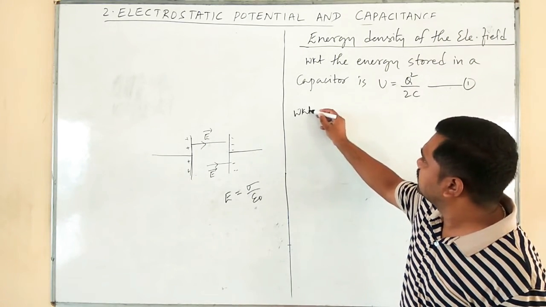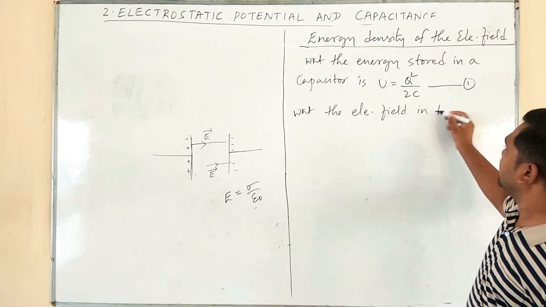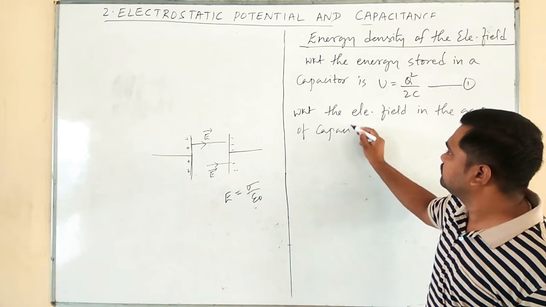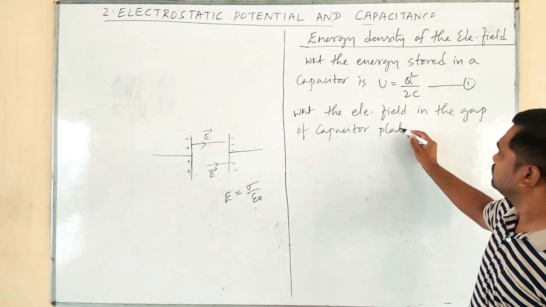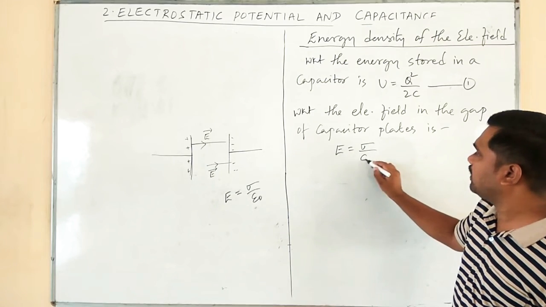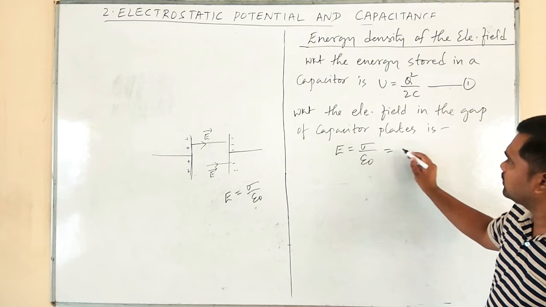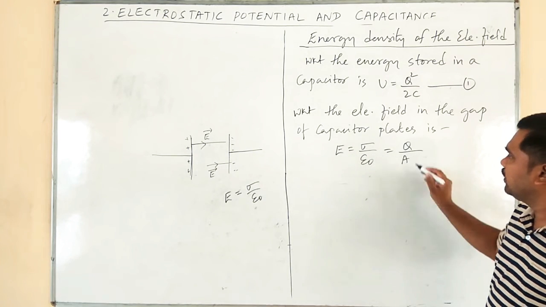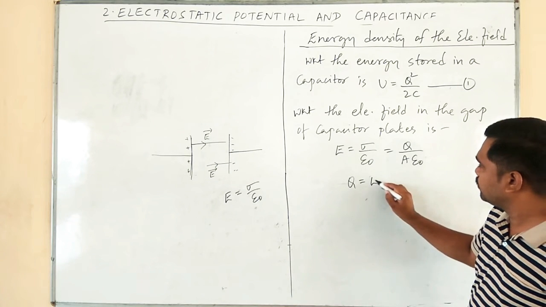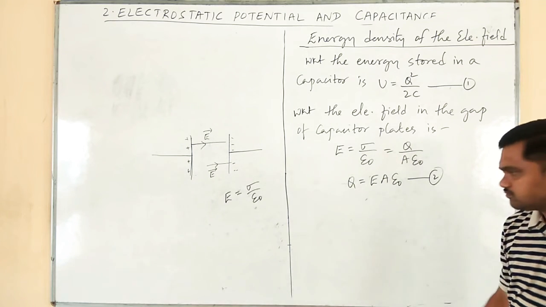Now, we know that the electric field in the gap of capacitor plates is given by E is equal to sigma divided by epsilon naught, isn't it? In place of sigma, what can we write? Charge per unit area. Therefore, I will modify this as Q is equal to E A epsilon naught. This is equation number 2.